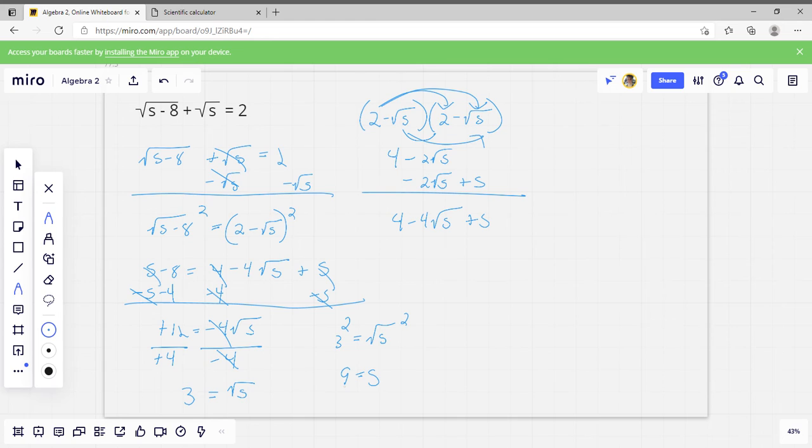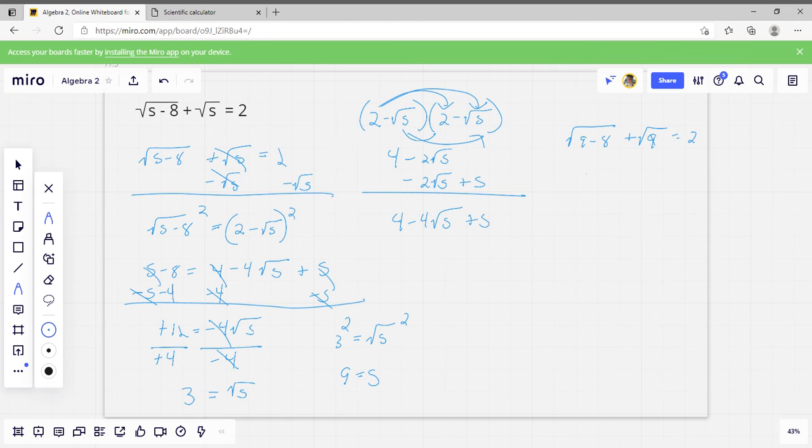Alright, so let's see if that works. So we got 9 equals s, so we're going to see if that works. So we're going to say square root of s minus 8, which will be 9 minus 8, plus square root of 9 equals 2.